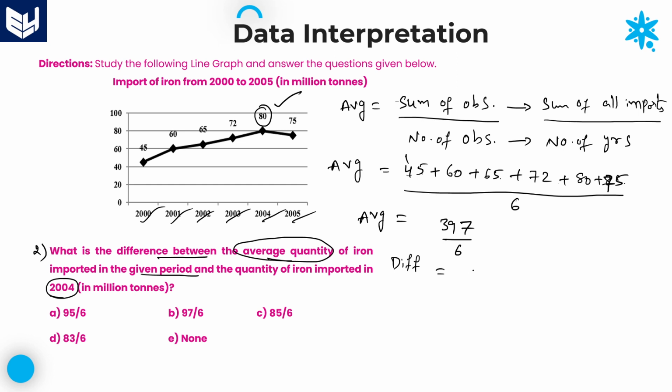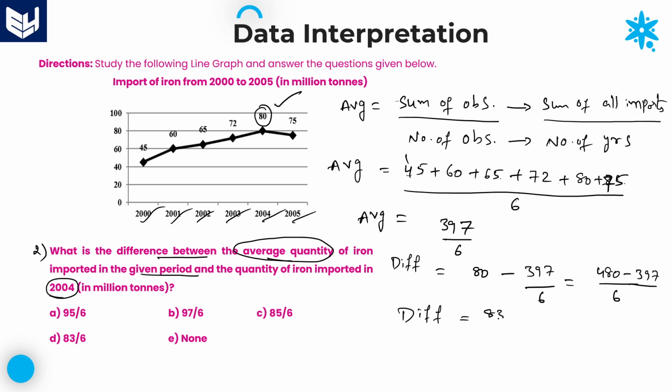You need to take the difference between 2004 and the average, 397 by 6. Take the LCM. LCM is 6. 80 into 6, which is 480. 480 minus 397 is the required difference.